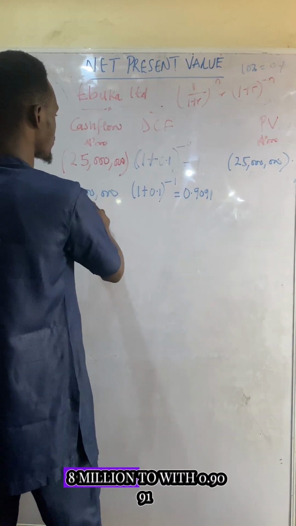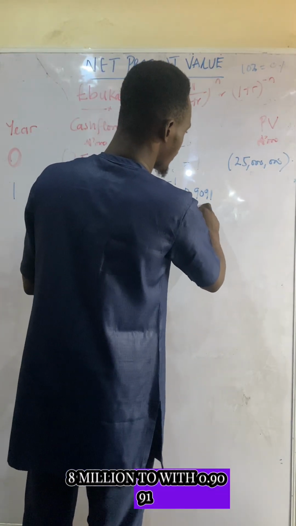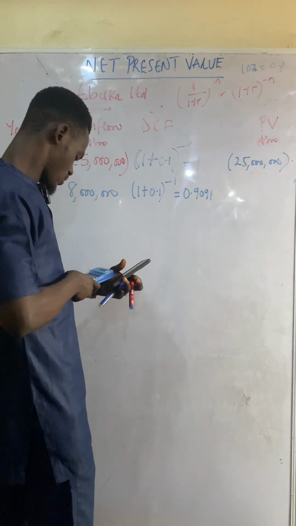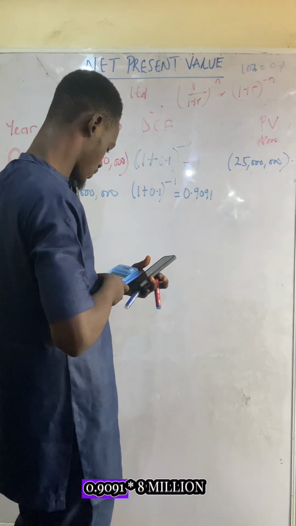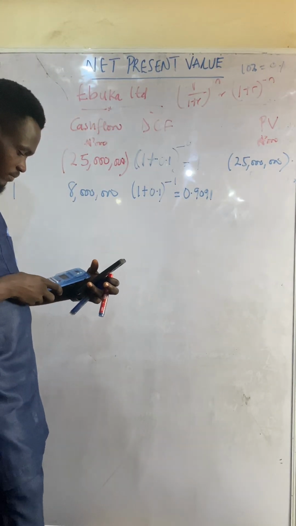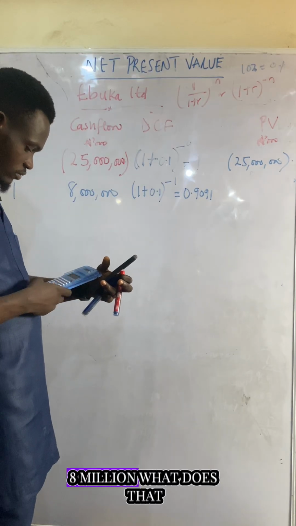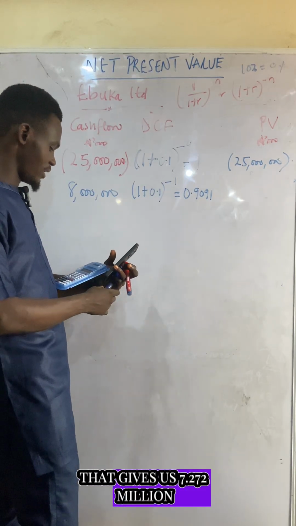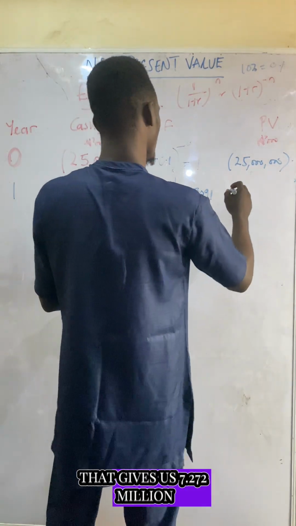So when you multiply 8 million by 0.9091, what does it give you? That gives us 7,272,000.